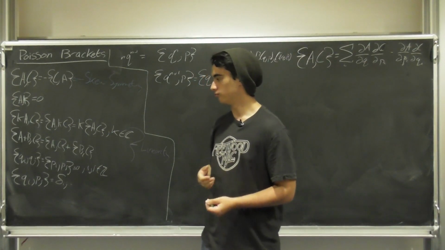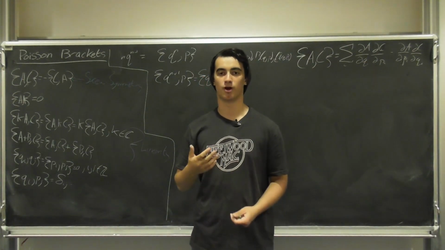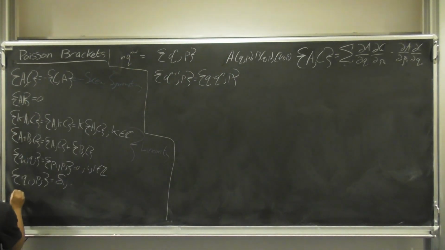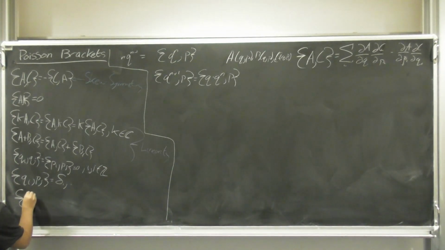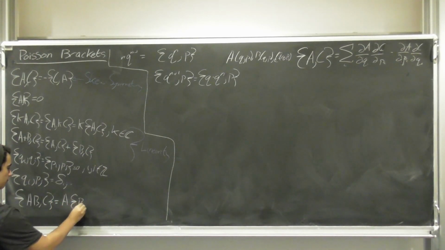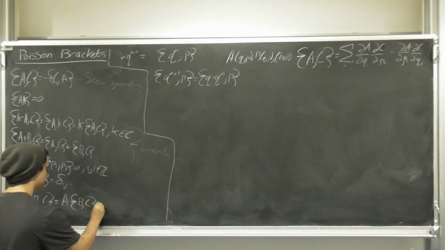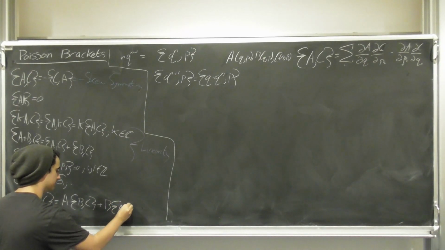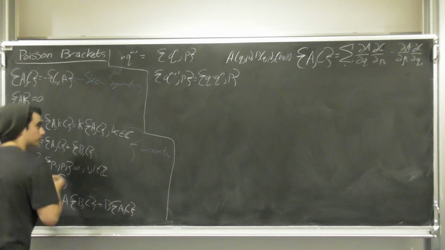If we remember our product rule, the Poisson bracket of a times b with c is a times the Poisson bracket of b with c, plus b times the Poisson bracket of a with c.